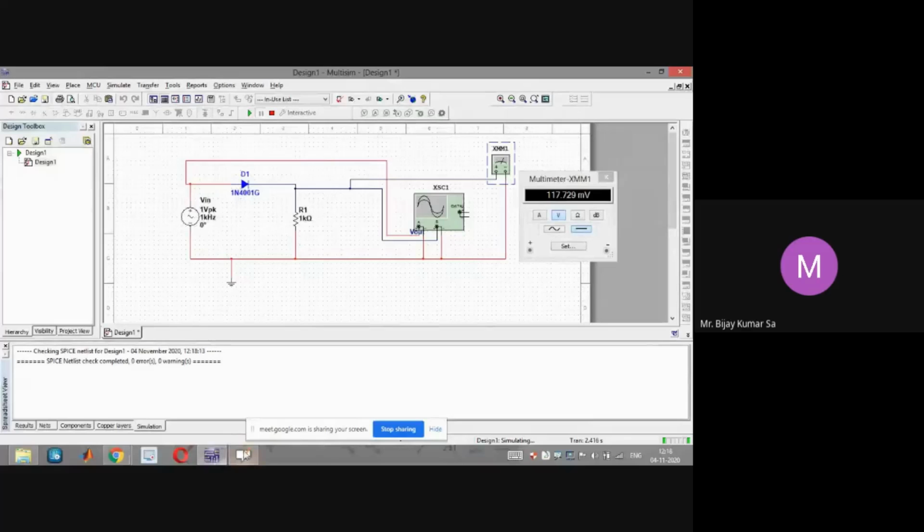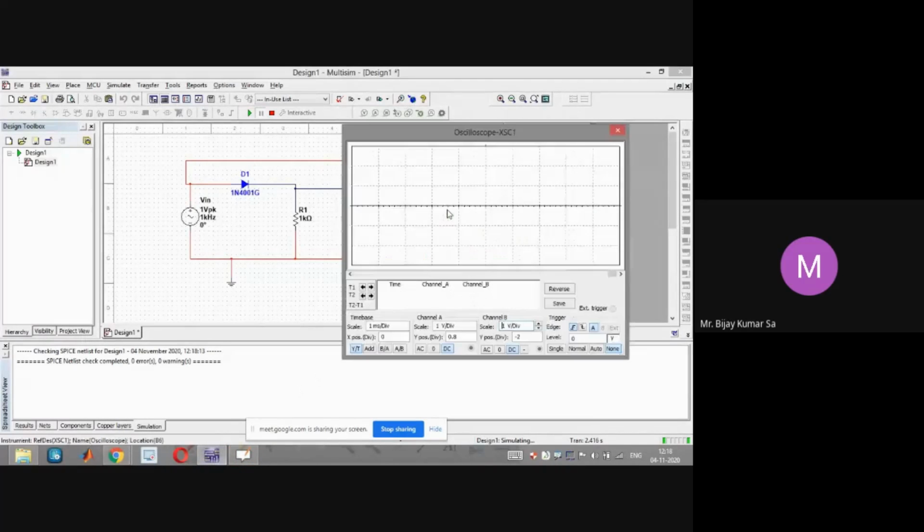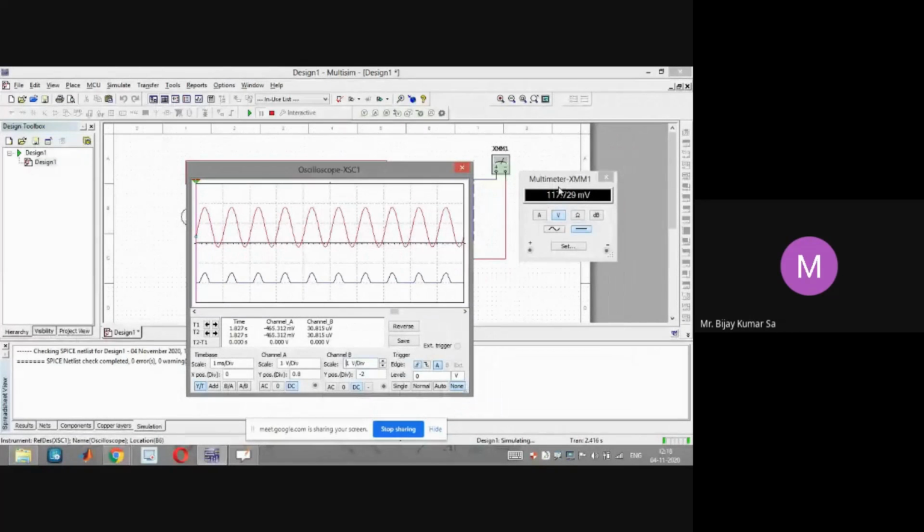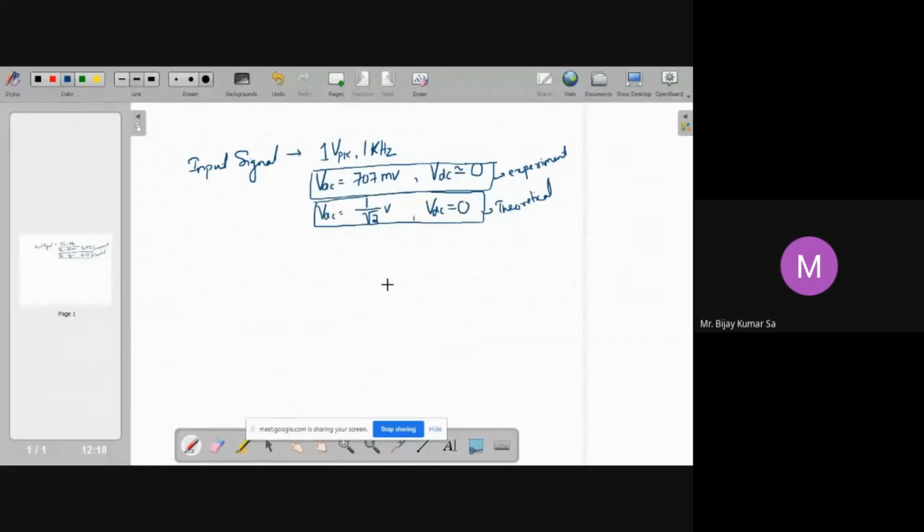Okay, that means whatever we are observing here for the blue output, this is the rectified output of the half wave rectifier. The DC component is of this much measure. The VDC for this rectified output is this much, 117.729. So let us note it down. VDC. This was the characterization of the input signal and output signal.